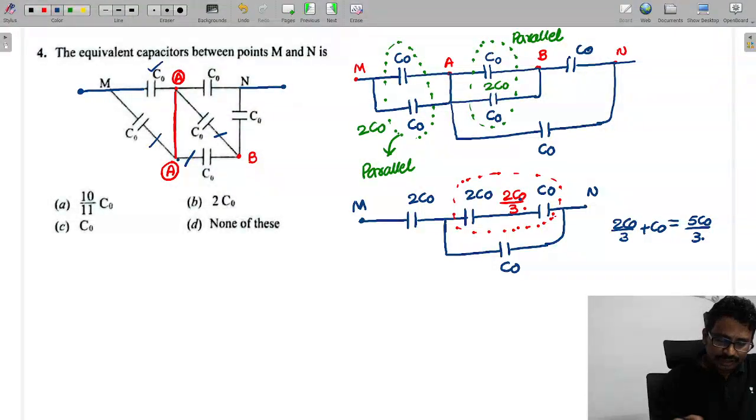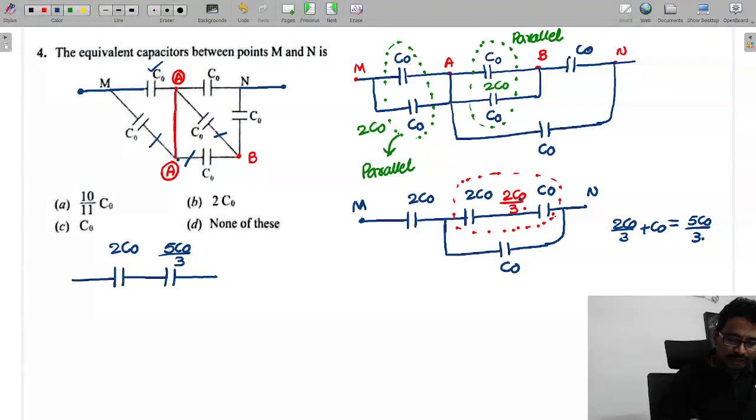Now finally, if I redraw the circuit again, it will come like this. This value is 2C0 and this value is 5C0 by 3. This is M and this is N. How are these two capacitors? These two capacitors are in series.